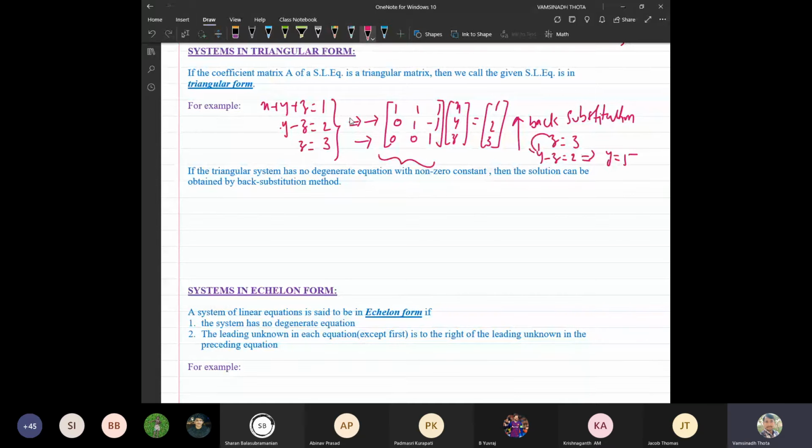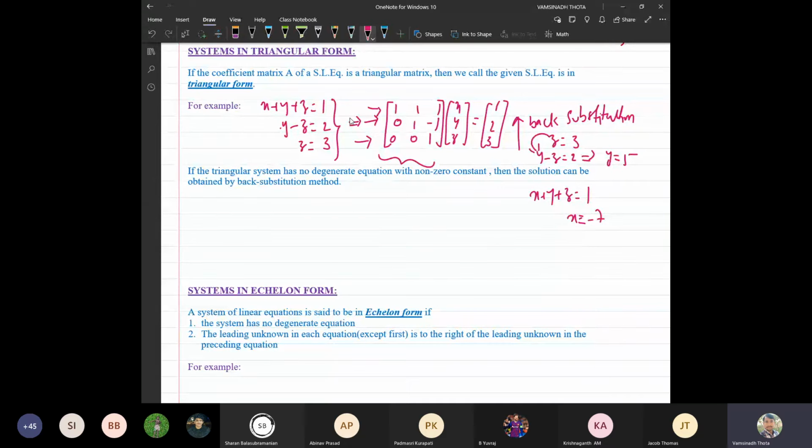After evaluating one more variable, you go to the other row which is at the top. That is x plus y plus z is equal to 1. With y is equal to 5, z is equal to 3, that is 8, and so x is equal to minus 7. So basically, when the triangular system is there, we don't need to do many calculations. We can directly evaluate the solution.